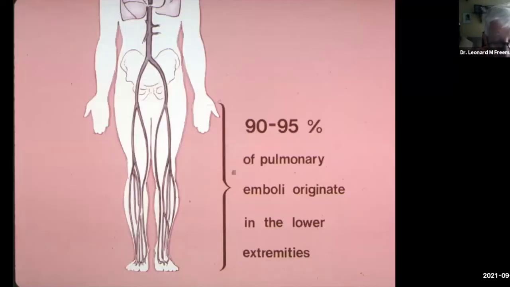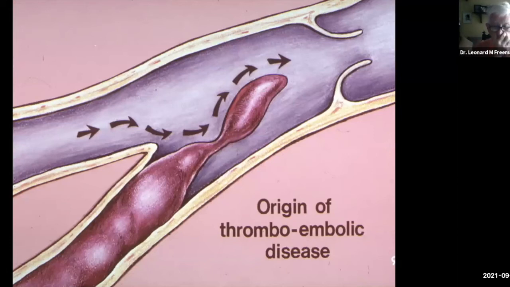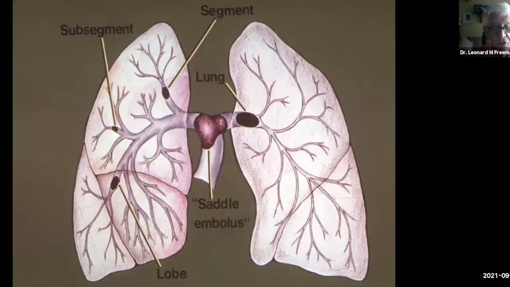So let's talk about the disease itself first. You know, 90 to 95% of pulmonary emboli originate in the lower extremities. And from the lower extremities, of course, they get propelled into the central circulation if they break off. Where they lodge in the lungs, and in what pulmonary arteries, depends upon their size.